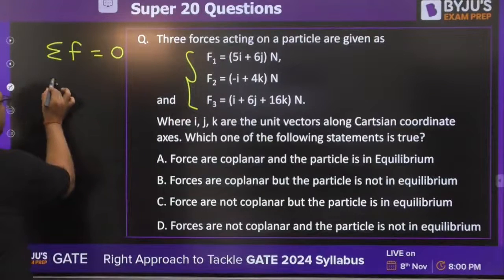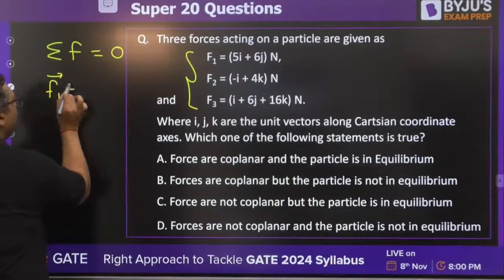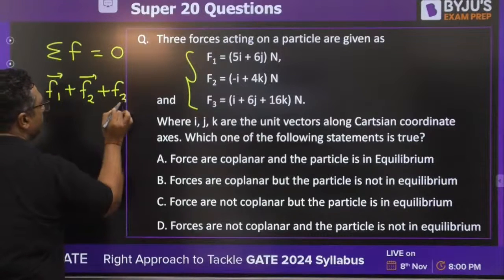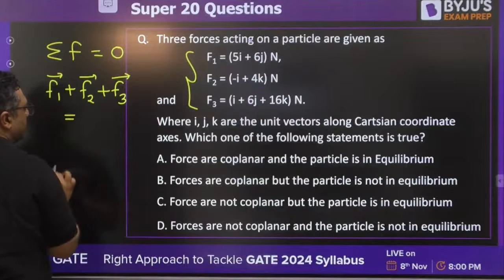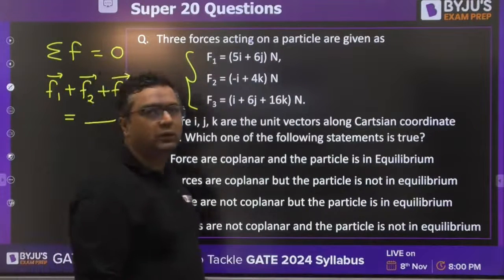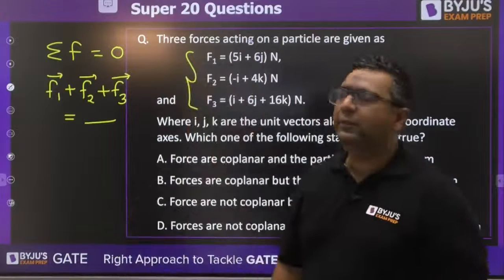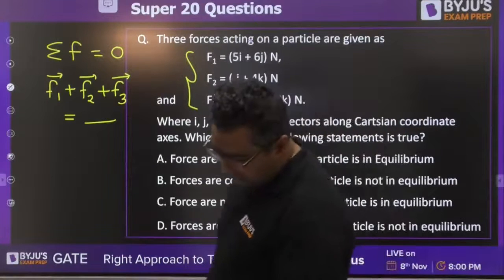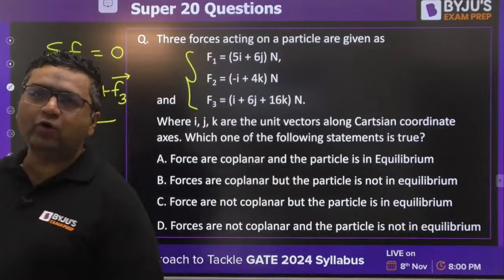So you can write F1 vector, F2 vector, F3 vector. So that summation, if it is coming out to be 0, then the body will be in equilibrium. Is it coming out to be 0?